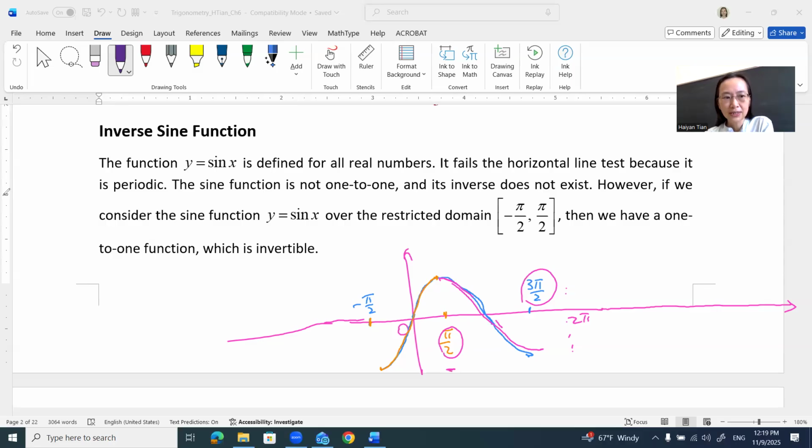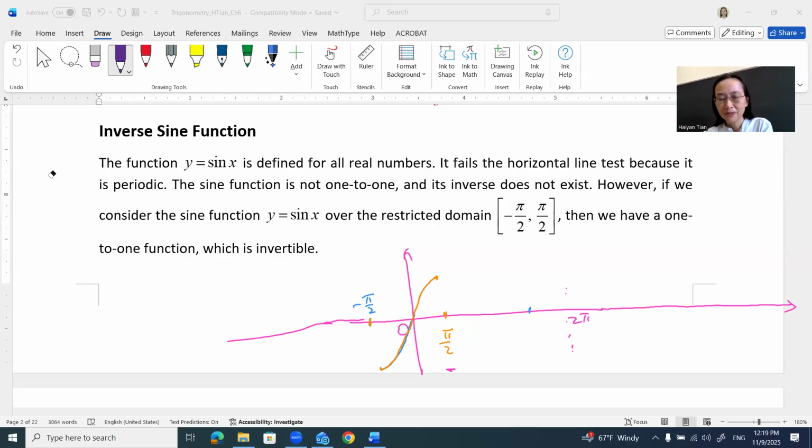So we're going to clean this up to consider the sine function only on that interval. Now we see it is one-to-one because it's strictly increasing.